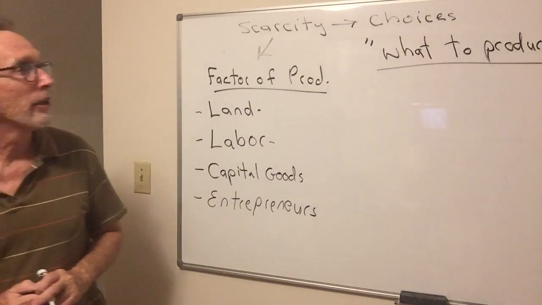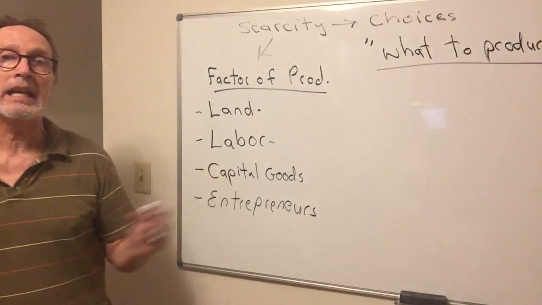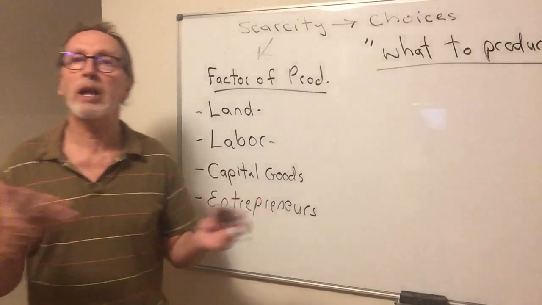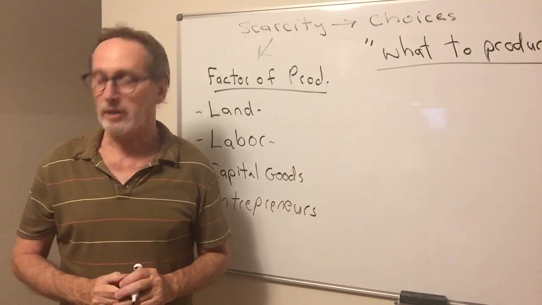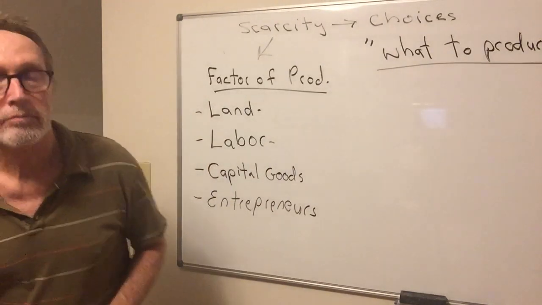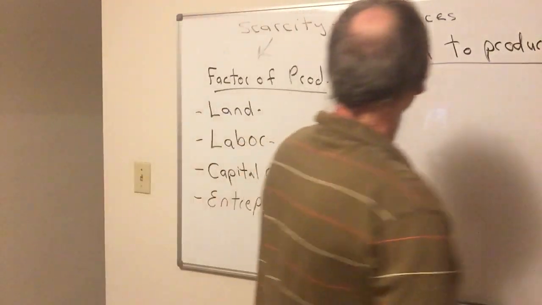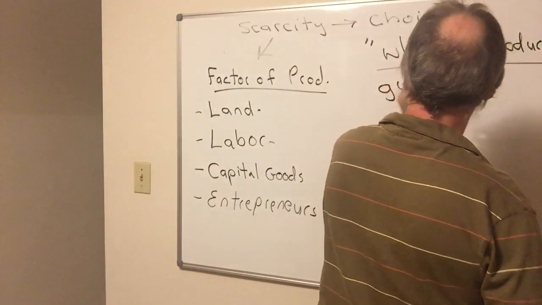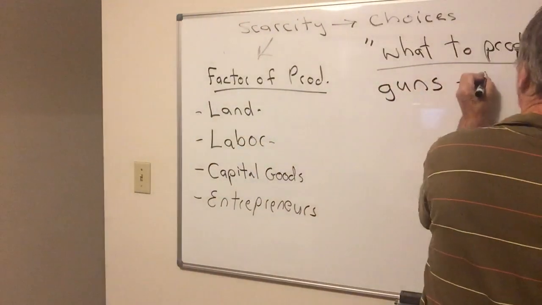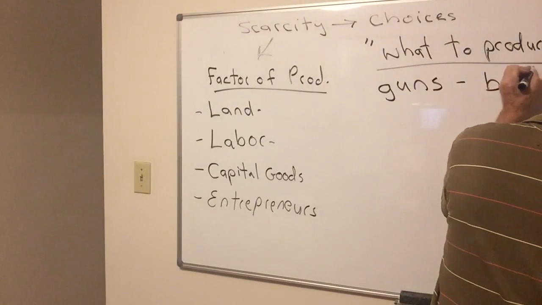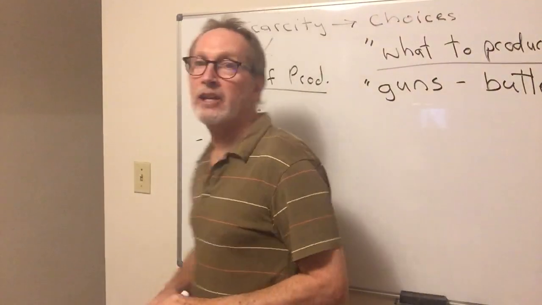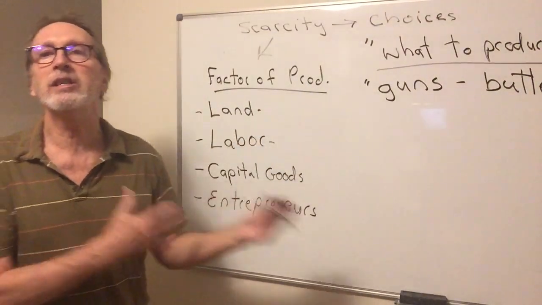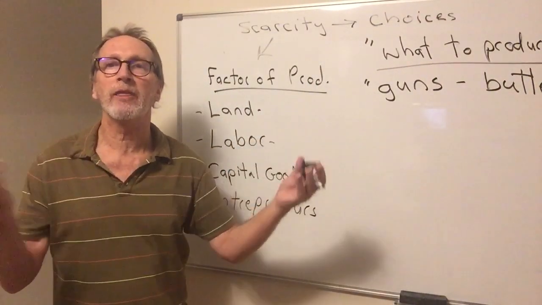So it could be any two products that you could apply your resources to make. It could be guns. You could make guns. Or butter, right? This is kind of a phrase that is used in economics. Guns or butter. They're sort of two different things.